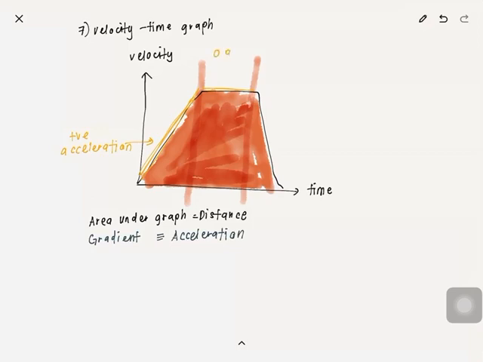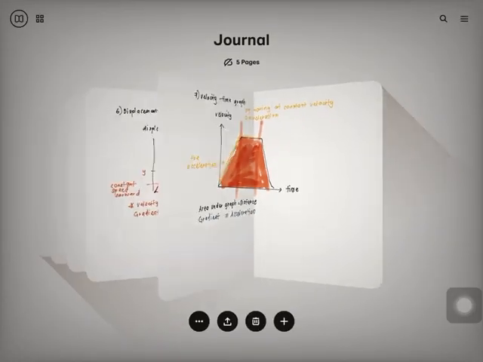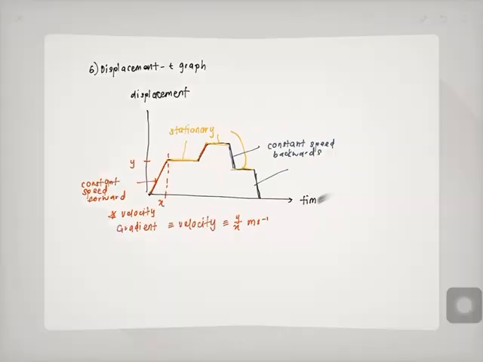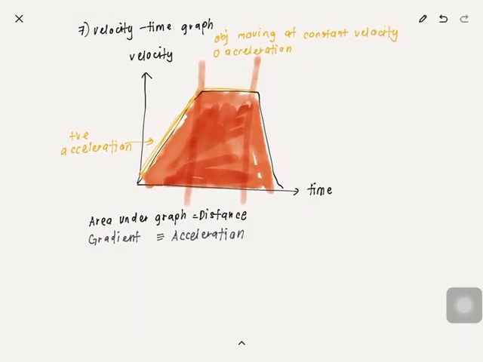And when the line is horizontal like this, it means that there is zero acceleration, but the object is actually moving at a constant velocity. So this is very important, because if you look at the displacement time graph, when there's a horizontal line, the object does not move at all.